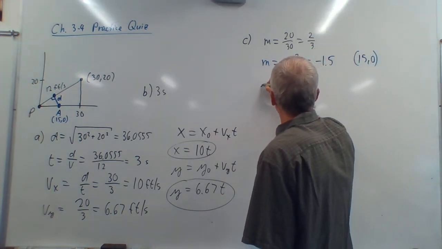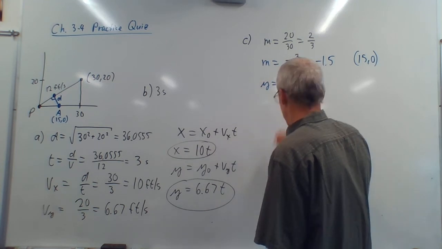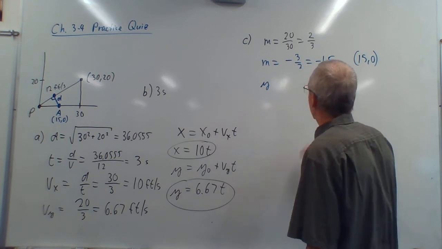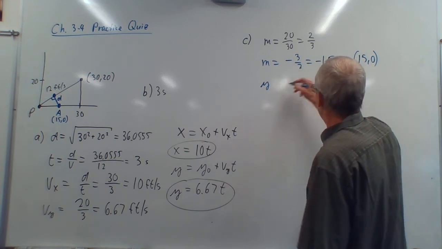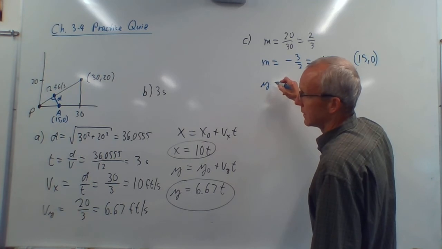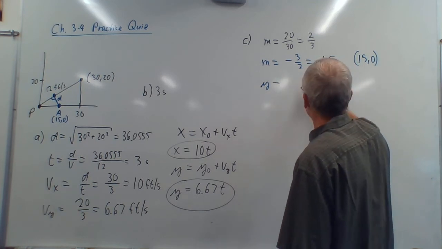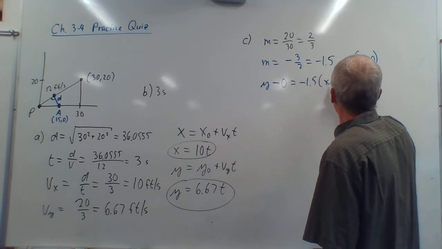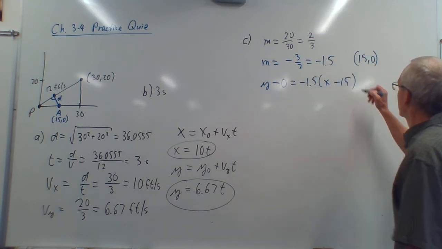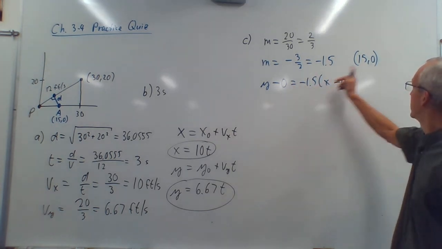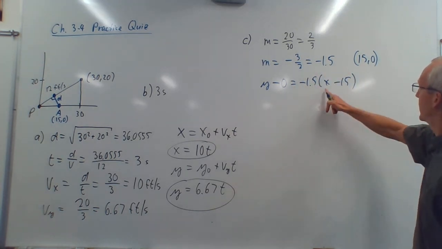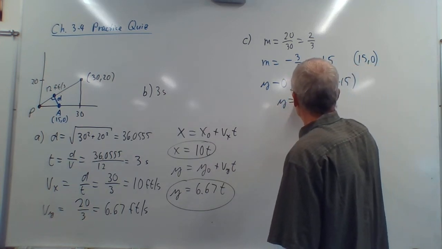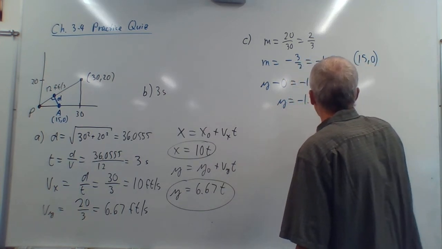We don't know b, so we'd have to use the y minus y1 form. y minus y1, 0, equals m, negative 1.5, times x minus x1, x minus 15. Or y is equal to negative 1.5x.